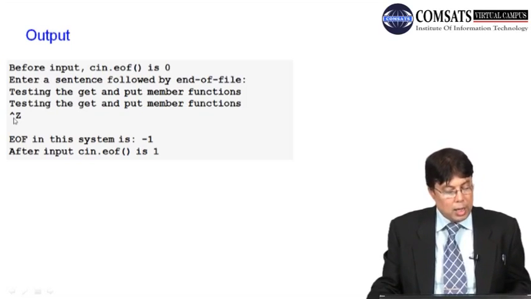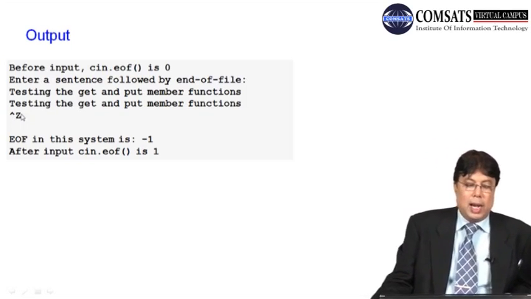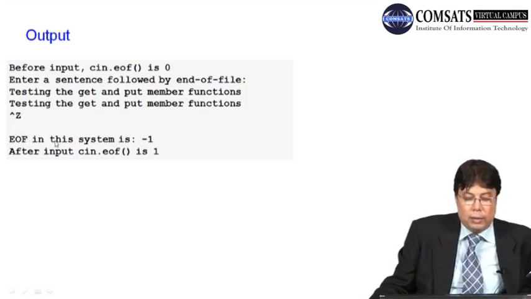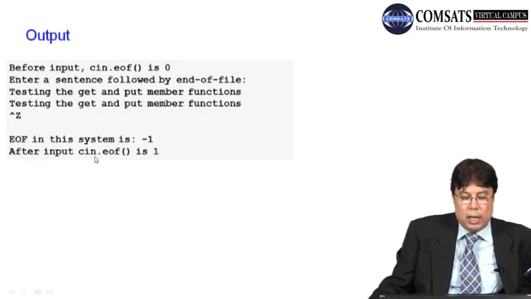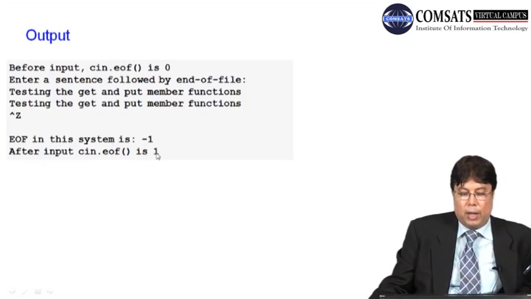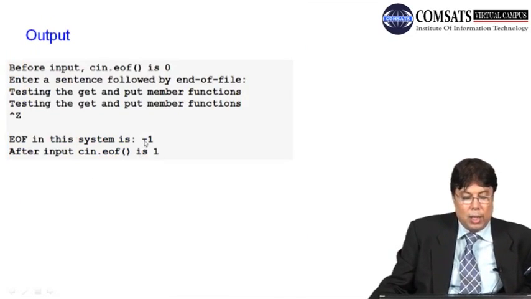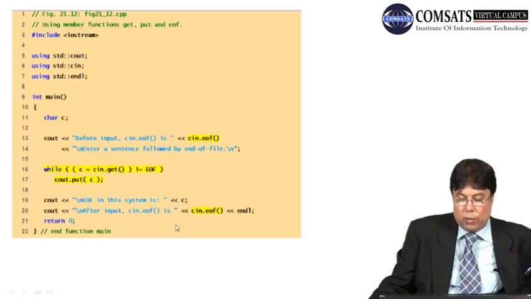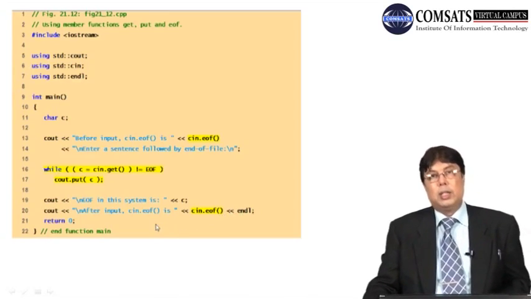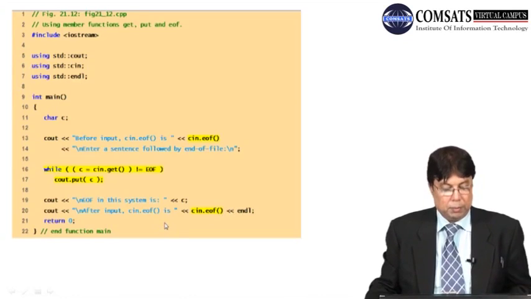Then we press Ctrl Z. As soon as you press Ctrl Z, it will read it, and end of file in this system is equal to -1. After input, cin.eof is 1. So here, end of file in the system was basically a non-zero value, which says that it was -1, and after input, cin.eof, you have used the data which is a non-zero value over there.